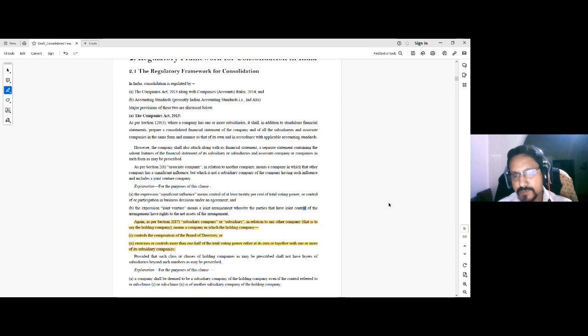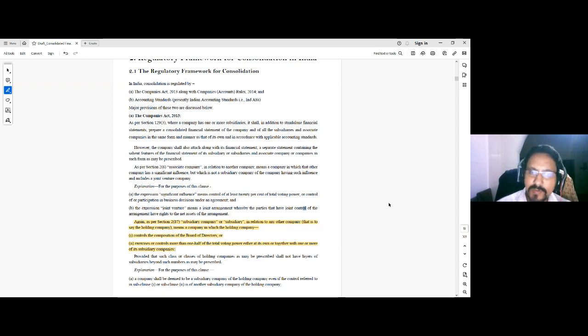That means, suppose we are talking about two companies, A Limited and B Limited. A Limited can be called the holding company and B Limited the subsidiary company if A Limited controls the composition of the board of directors of B Limited, or alternatively, A Limited holds more than 50% of the total voting power of B Limited.